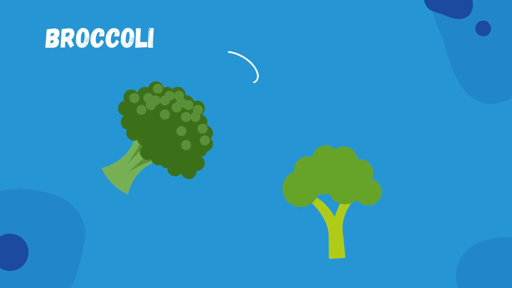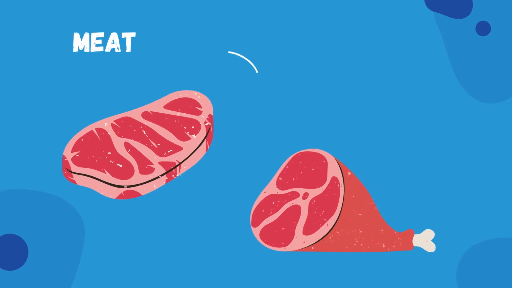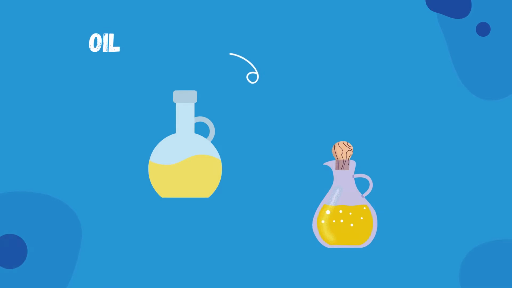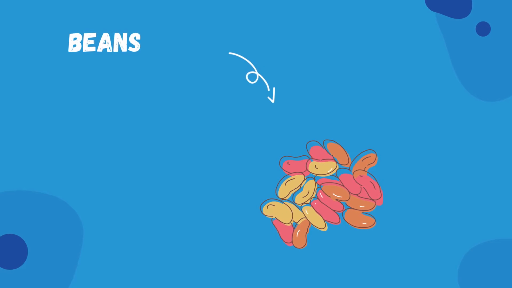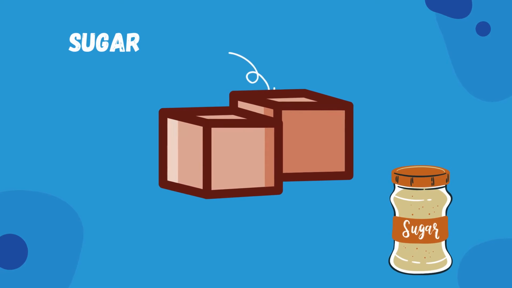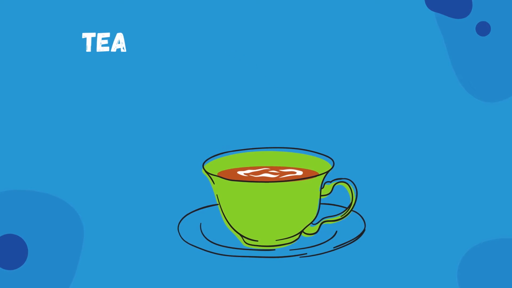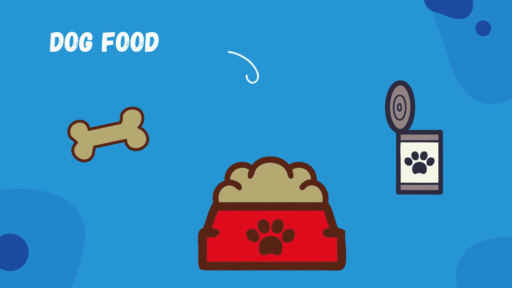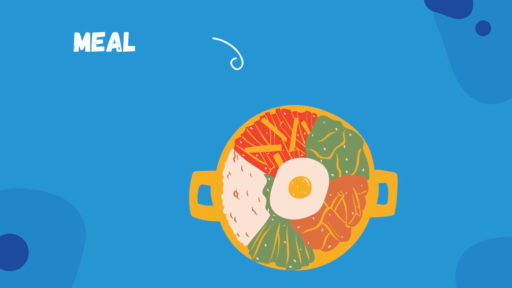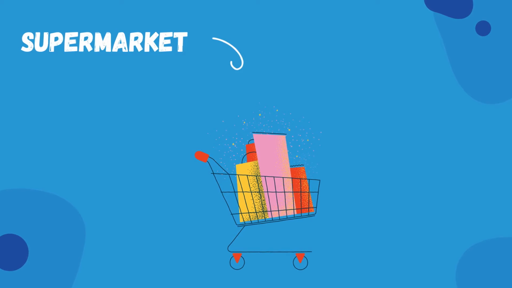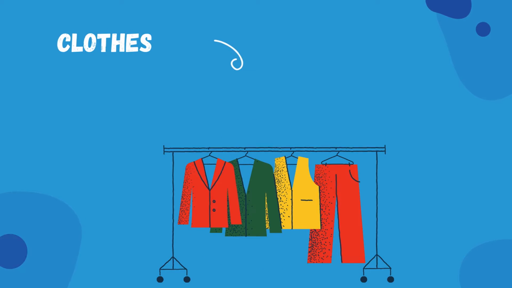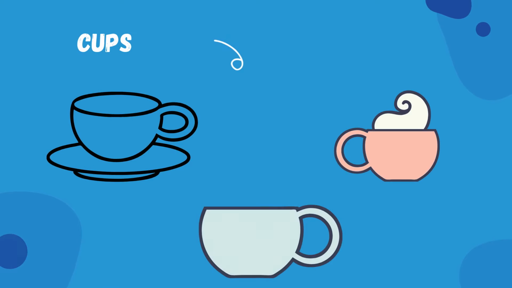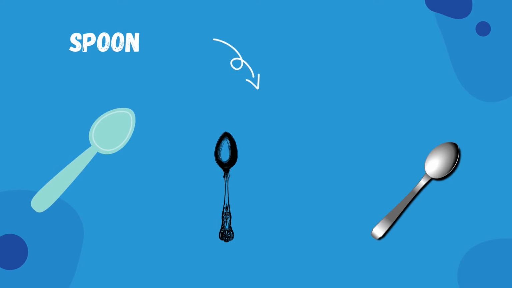broccoli, meat, fish, milk, oil, rice, beans, sugar, tea, dog food, meal, supermarket, chips, snacks, cloth, cups, spoon.